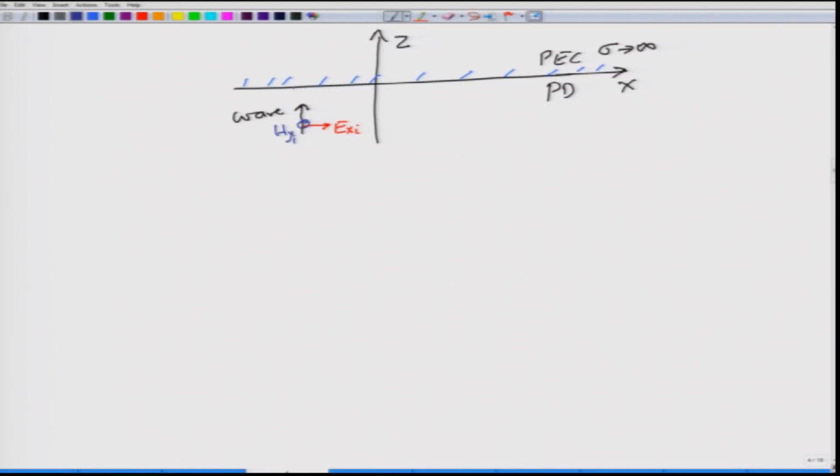If I write down the expression for E_xI, it will be a function of z, of course. We have some incident amplitude, E_0I, and then e to the power minus j k_zI times z. This is the uniform plane wave that we have considered, which is propagating along the plus z axis, and this is there in medium 1.